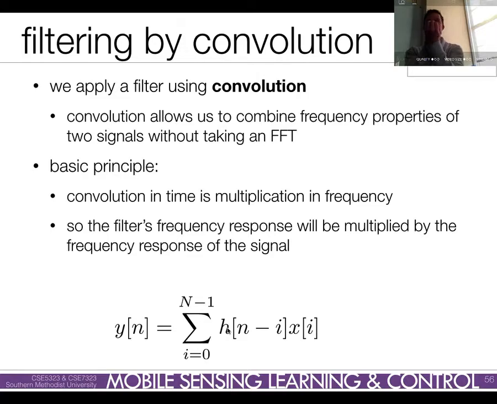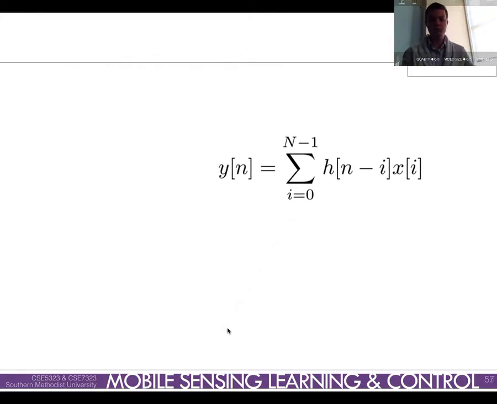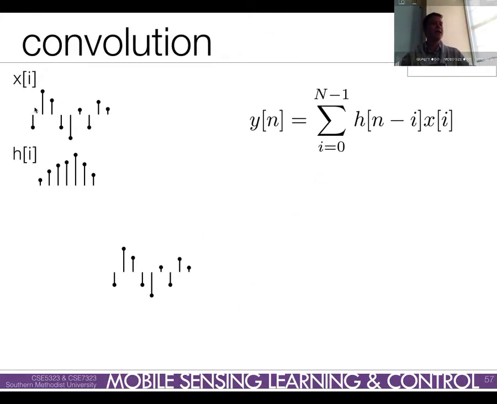That's convolution. To make that clearer, let's say my input is these samples, and here's my filter, h of i. The first thing I'm going to do is reverse it so that I get h of negative i. So I just reversed it in time.